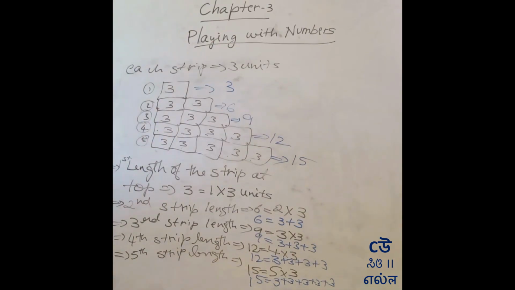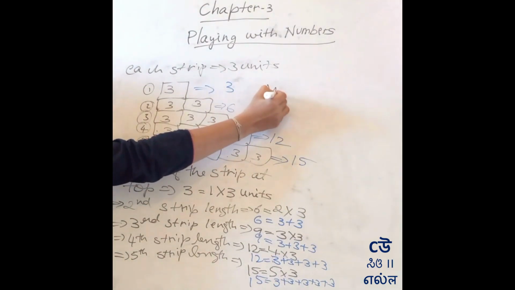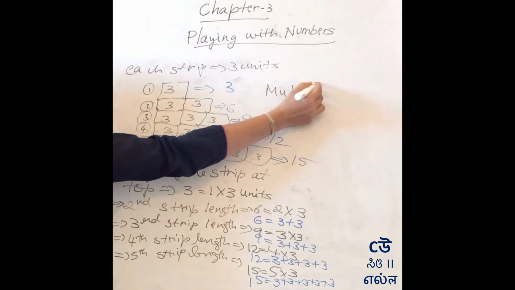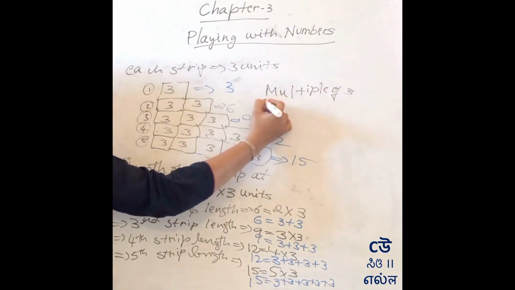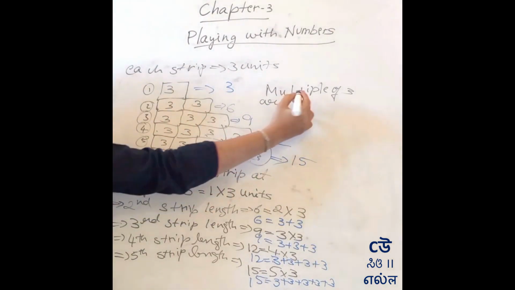So what can we tell, children? We can tell that the multiples of 3 are 3, 6, 9, 12, 15.